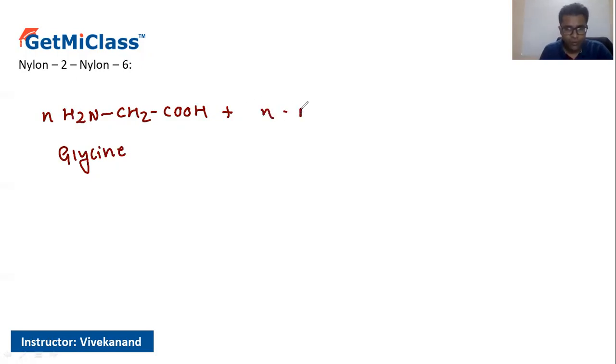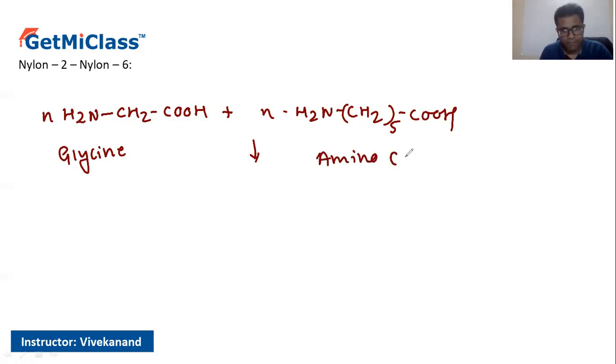So n amount of aminocaproic acid: NH2, CH2 5 times, COOH. When these are going to get polymerized, again we know how the polymerization works, that is, a particular bond is formed between these.